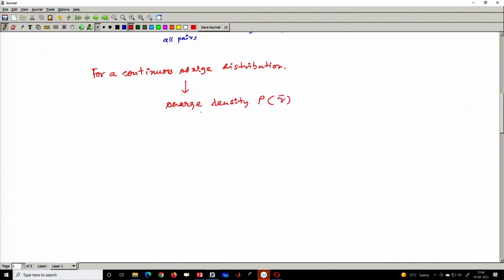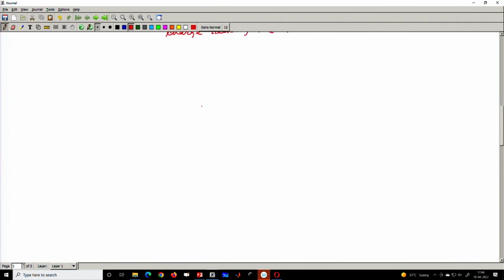So far we have been dealing with discrete charges. Now, for this distribution in some coordinate system, I want to find the energy.